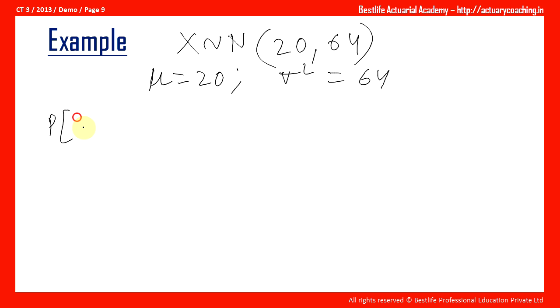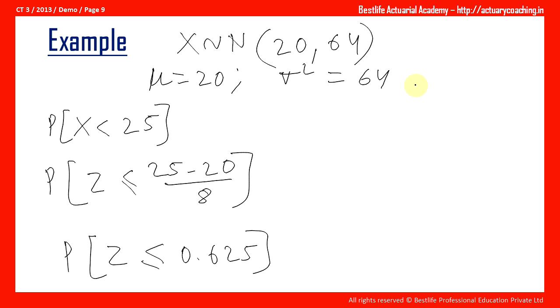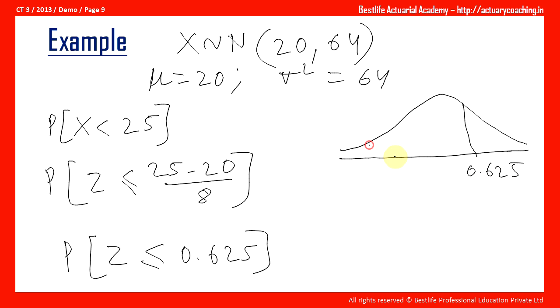If we have to calculate X less than 25, this can be written as Z less than or equal to (25 minus 20) divided by 8, which is Z less than or equal to 5 by 8, or 0.625. Now this means we are calculating, on a standard normal distribution, the probability of a value less than 0.625.